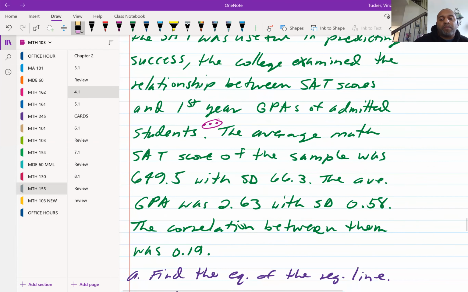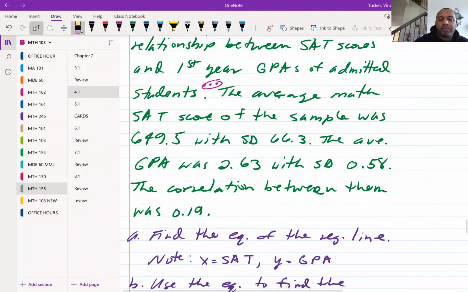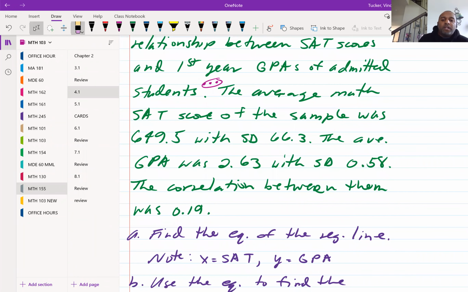All right, let's scroll up some. So first question from the problem, find the equation of the regression line. Note that they tell you that X is equal to your SAT, Y is equal to your GPA.